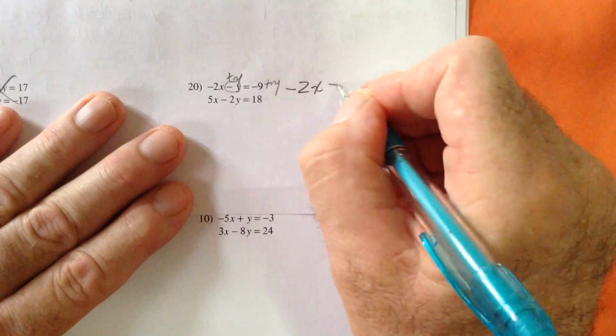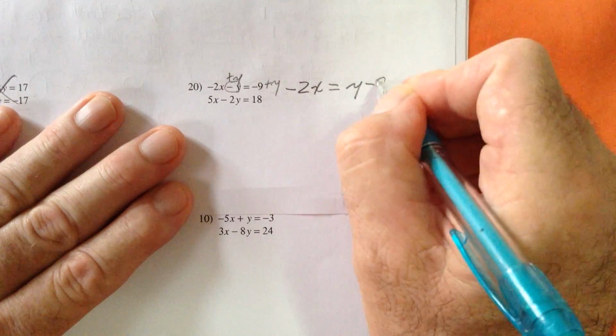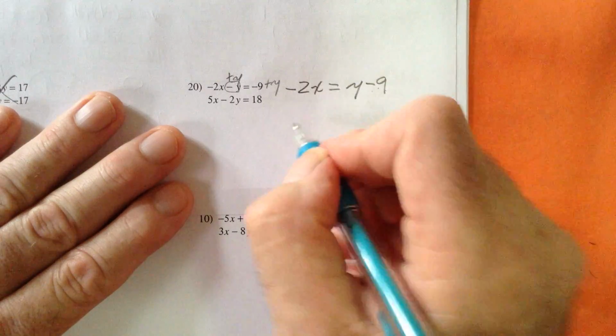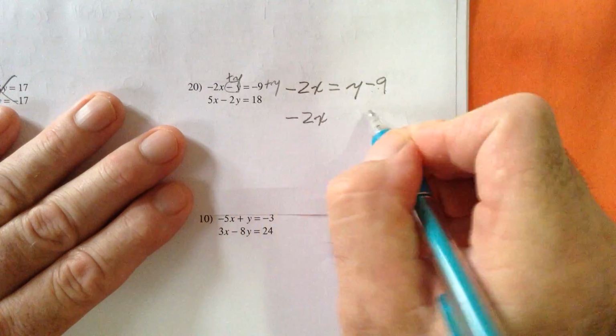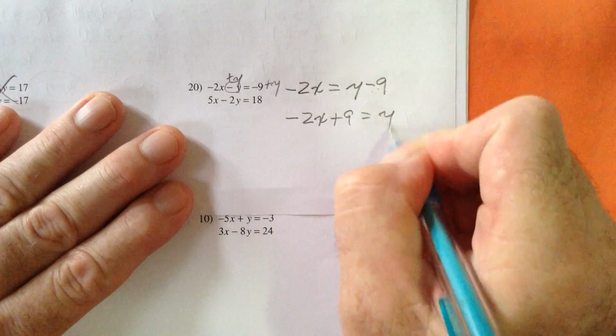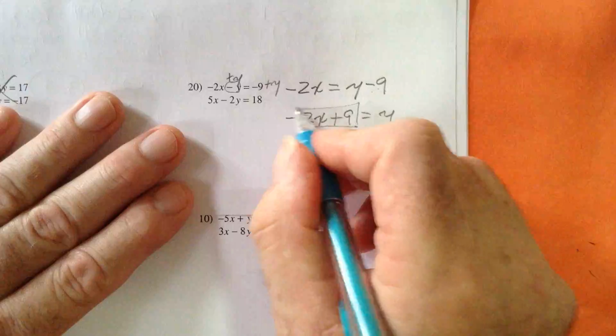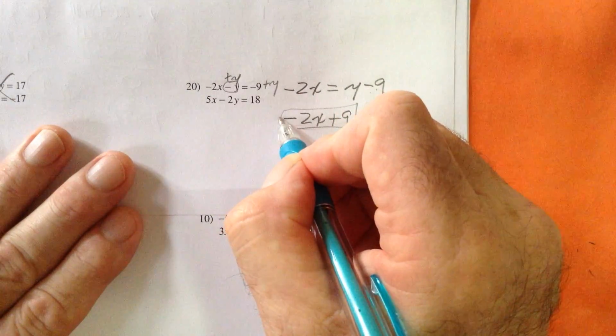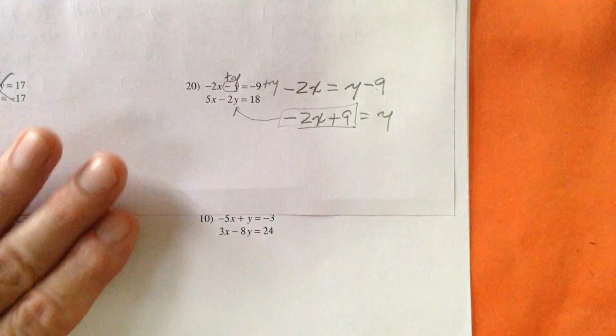So that will make it positive y minus 9. And then I'll take the minus 9 and move it over here. So I end up with 2x plus 9 equals y. And then I would use that to substitute into right there.